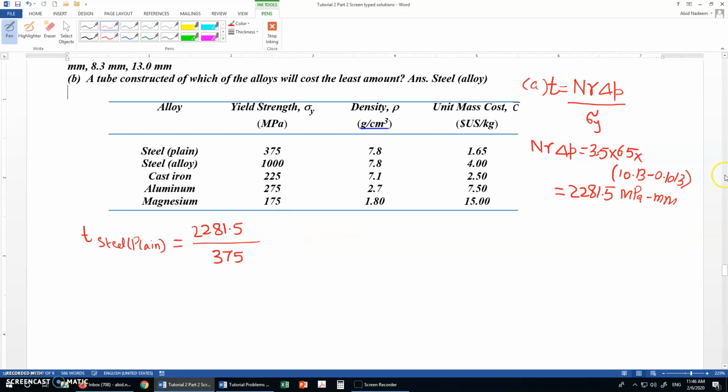Remember that its units were megapascal millimeter, and we are dividing by megapascal, so megapascal cancels with megapascal and we get an answer directly in millimeter. So it will be 6.08 millimeter.